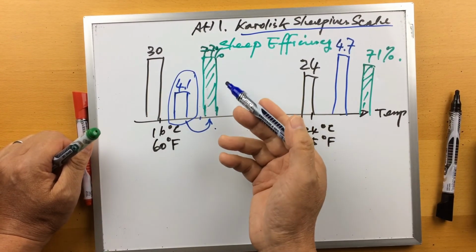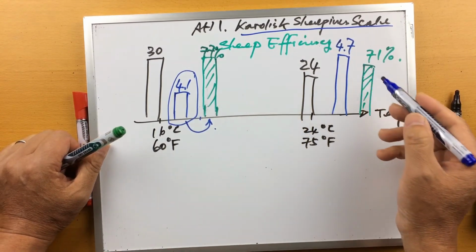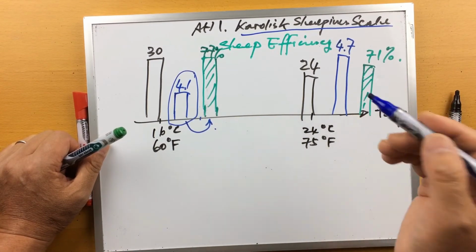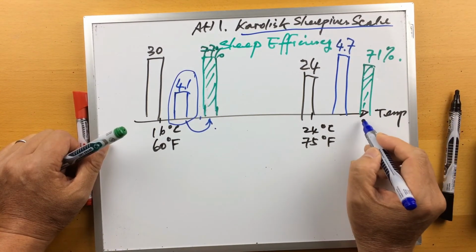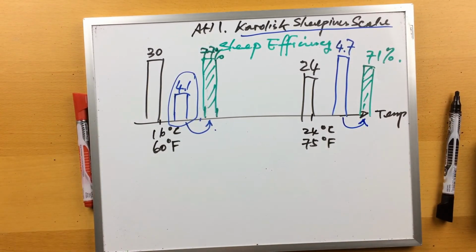The higher the sleep efficiency, the more alert you are. And the less efficient, the more sleepy you are. So this is a very interesting finding.